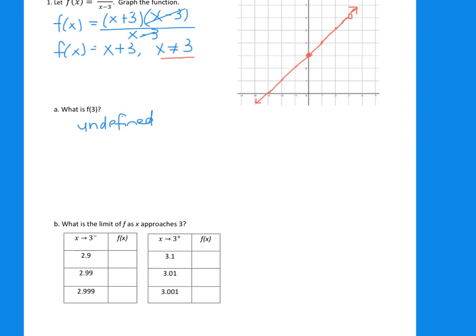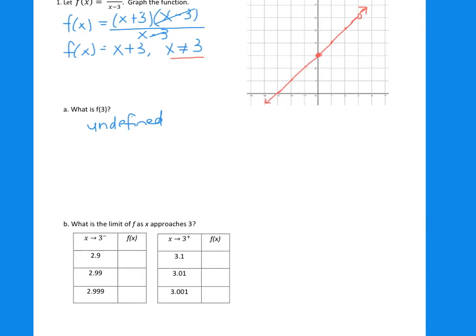Now in part B, it asks what is the limit of f as x approaches 3? So in this table, we're first going to look at when x approaches 3 from the left. That's what that little negative sign means in the exponent. It's not really an exponent, it's a way of indicating that we're approaching 3 from the left.